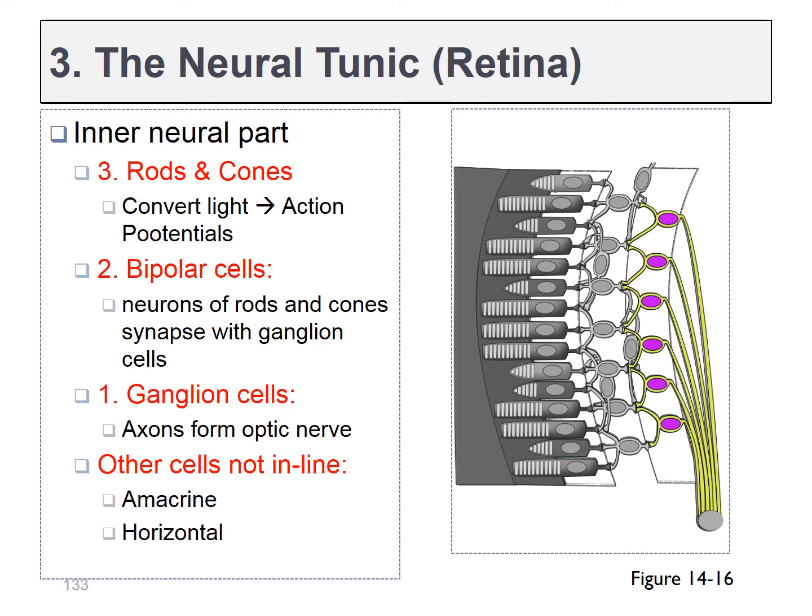The axons of the ganglion cells ultimately become the optic nerves. There are some other important cell types in the retina, such as the amacrine and horizontal cells, but they weren't important enough to make it into my lecture. So if you read about them elsewhere, well, good for you.